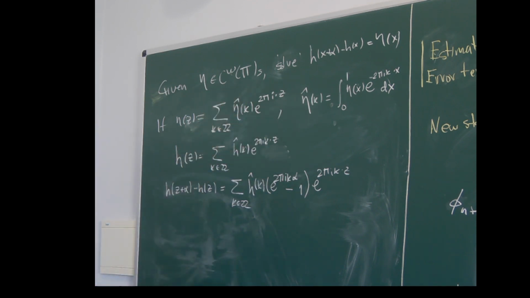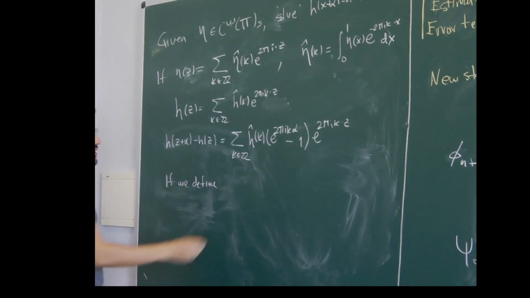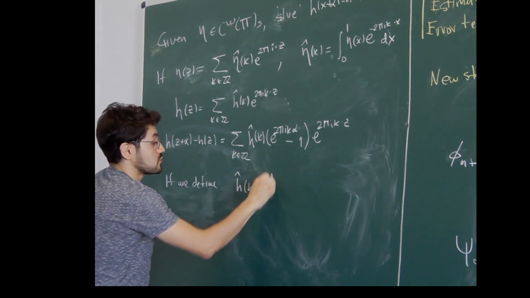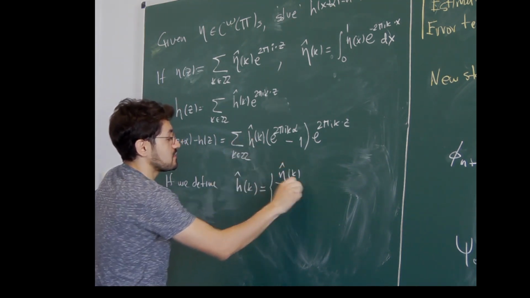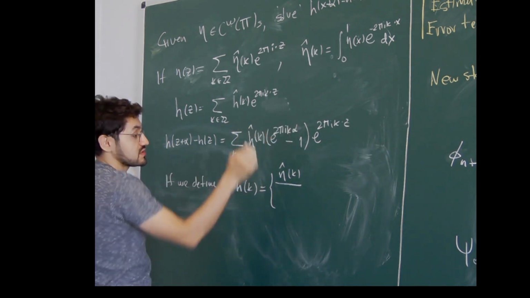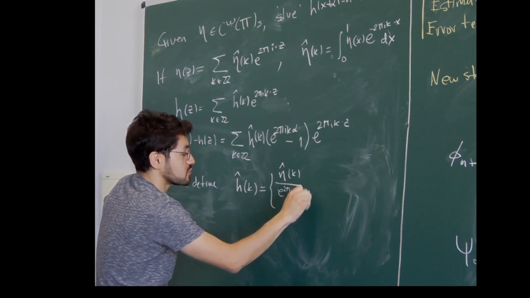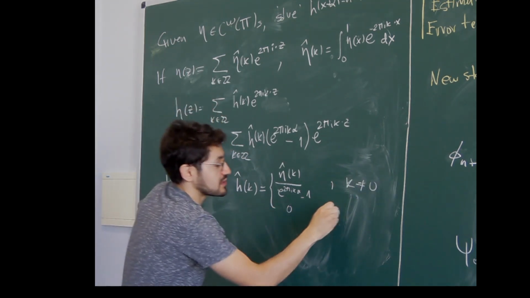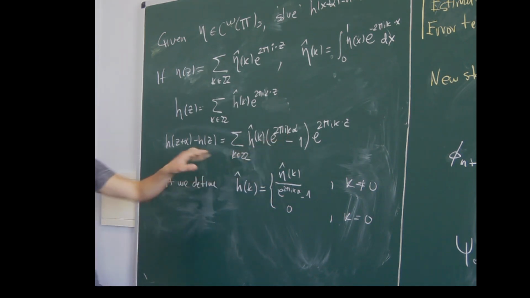So if we define h_k equal to this coefficient divided by this, so exponential of 2 pi i k alpha minus 1, for k different from 0, and let me say 0 if k equals 0. Notice that if k is equal to 0, this always vanishes. So whatever I put in the zeroth coefficient will disappear when I do this.